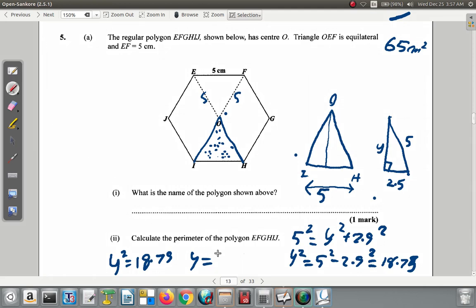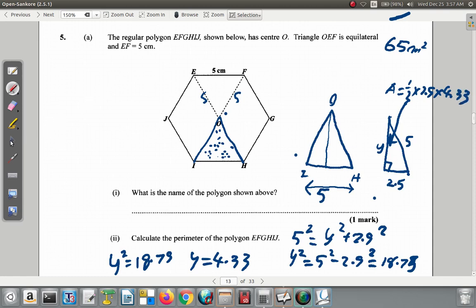Now if you consider half base times height as the area, the area of this triangle would be half of 2.5 times the height of 4.33.